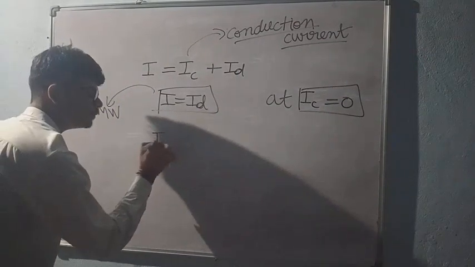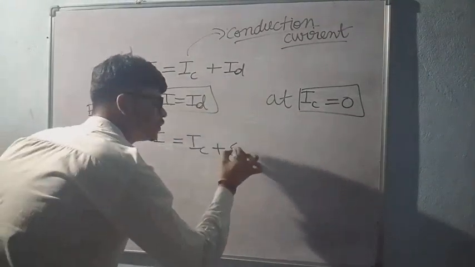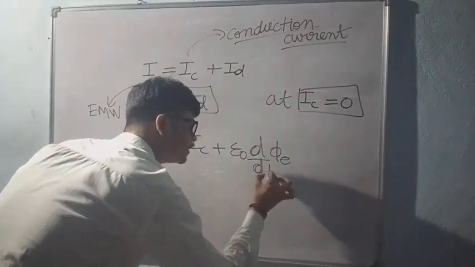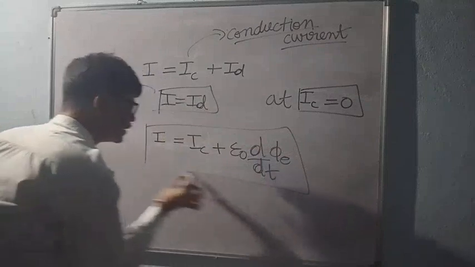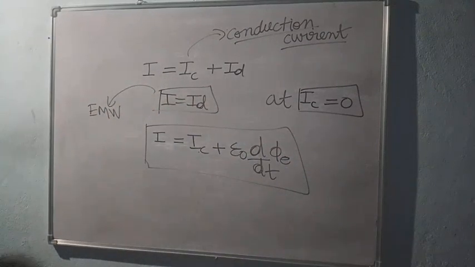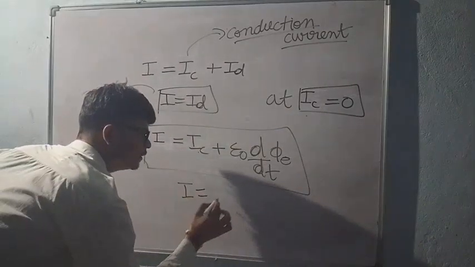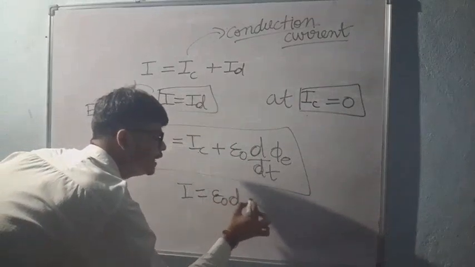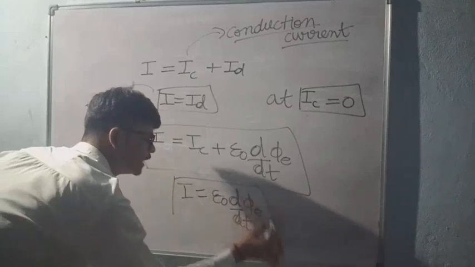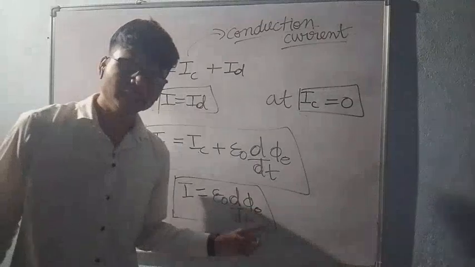So I is equal to IC plus epsilon naught times d phi E by dt. That's our expression. When IC is equal to 0, it is numerically equal to the displacement current. Put IC equal to 0, and we get epsilon naught times d phi E by dt, the rate of change of electric flux. What is electric flux?